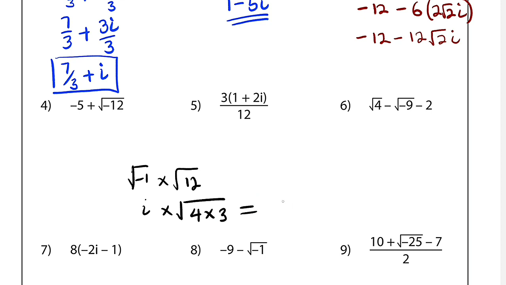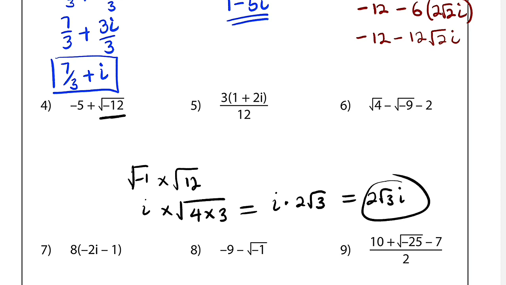So finally we have i multiplied by 2 multiplied by square root of 3, which can now be expressed as 2 root 3 i. So this is what we need to substitute with square root of negative 12. So this is just negative 5 plus 2 root 3 i, which is now in standard form.